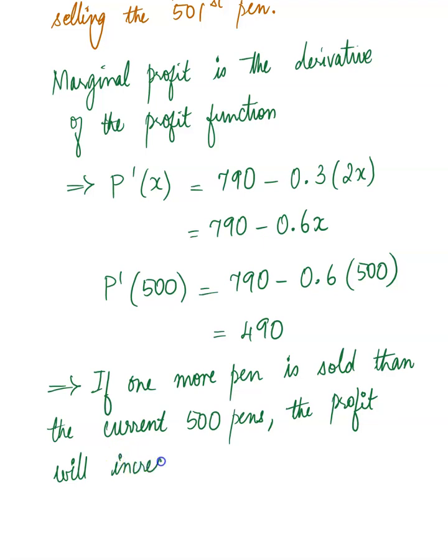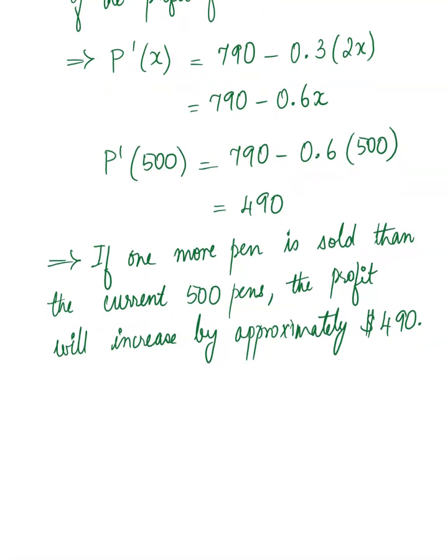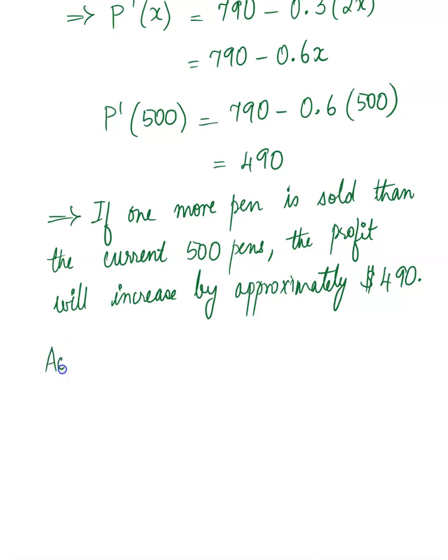The profit will increase by approximately $490. This is helpful because you just did the derivative and plugged in for 500 and you got that information. But we already saw that we could find the actual change by manually calculating it.